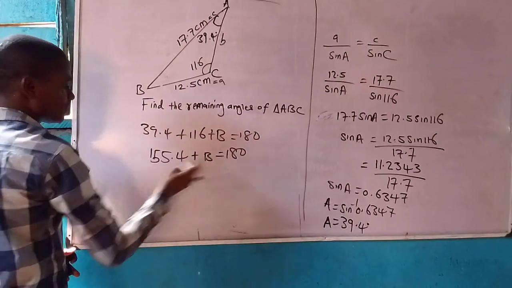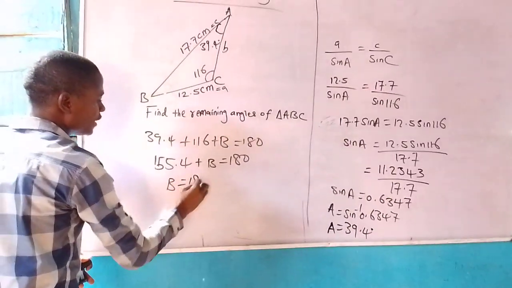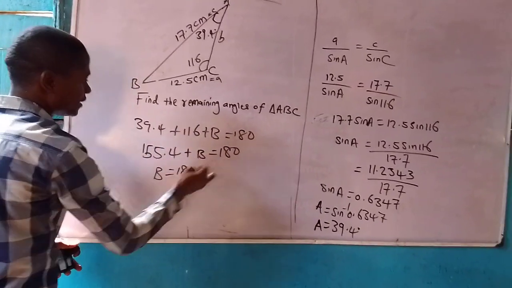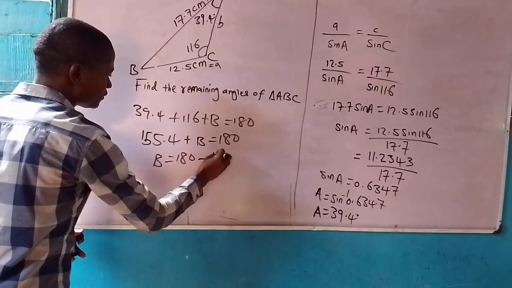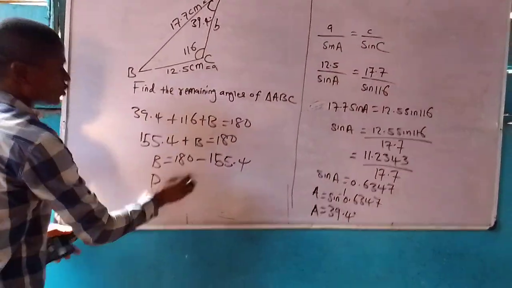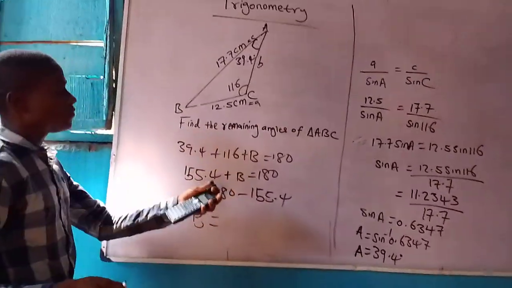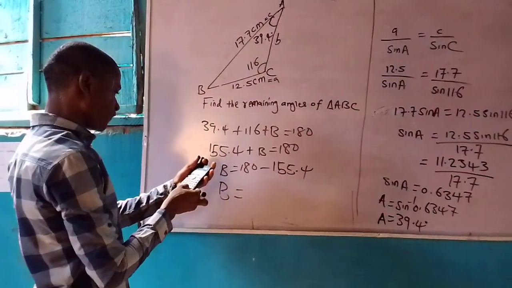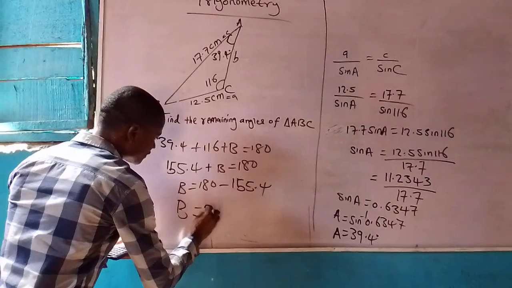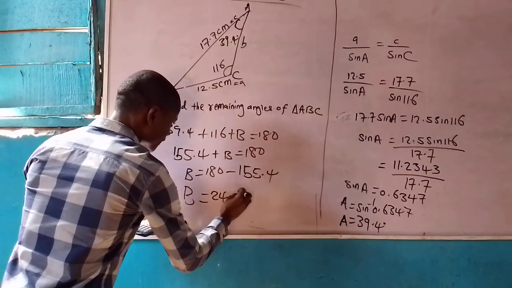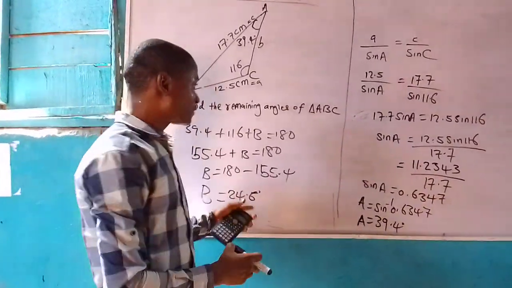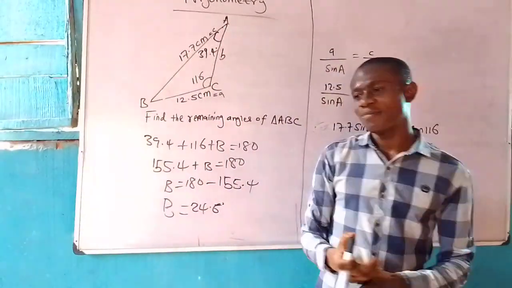Then you collect like terms. Then B equals 180, and this 155.4 will cross the sign of equation and move to this side as minus. B is equal to 180 minus 155.4. You will get the answer. That will give me 24.6.